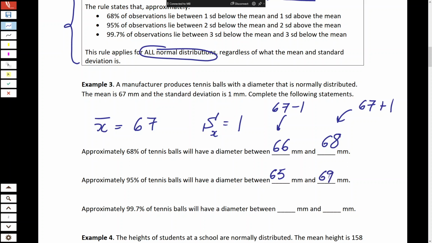This question is easy because the standard deviation is 1. So I'm going to write 67 plus 2. The reason why I'm adding 2 is because I'm adding 2 standard deviations, and the standard deviation is 1.